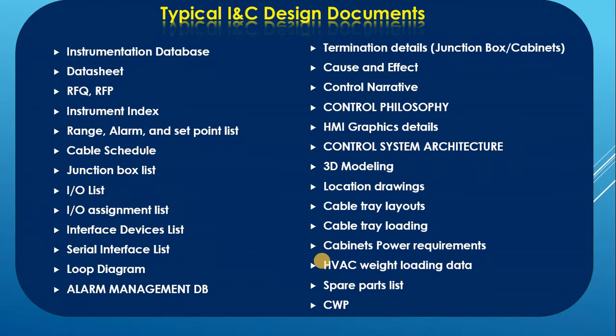This is a typical list. Maybe I'm missing some, but in general this is the most common documentation, like the database, datasheets, RFQs, RFPs, which is the requisition for purchase and for quote, index, and we will go into some of those, the most familiar or famous ones.